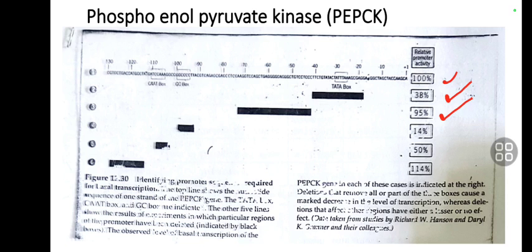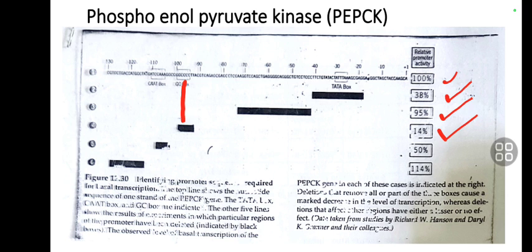And if we remove the GC box, and all other portions are intact in the gene, the transcription is found to reduce to 14%.